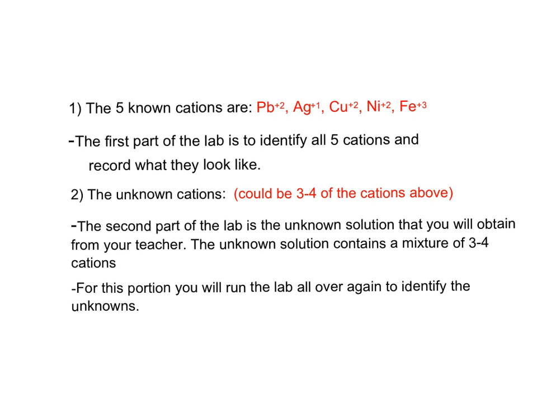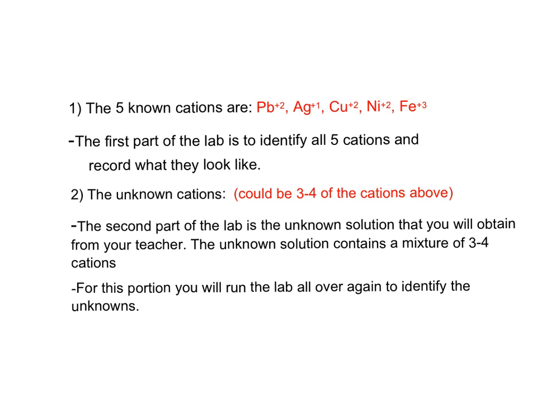Lead is yellow, silver is white, copper is blue, nickel is a strawberry red, and iron is a blood red, almost brown color. As you work through the procedure, you will do a series of tests, and you will see all 5 of those cations in the first part. And you will show each one of them as you create them to your teacher.